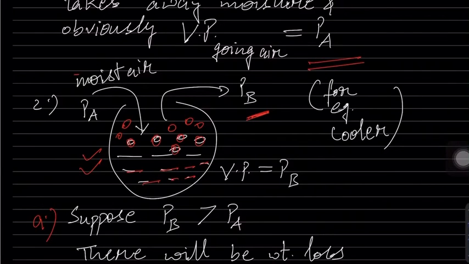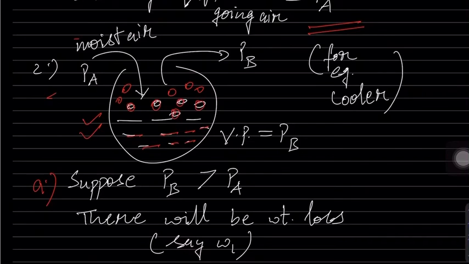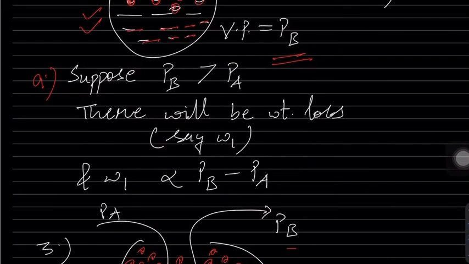Now let us say we do have case number 2. This moist air coming with the vapor pressure PA is interacting with already present vapor molecules inside the container, and it is going outside with vapor pressure PB, because the vapor pressure of the vapors in the container is PB. So there exist two possibilities, PA greater than PB or PA less than PB.